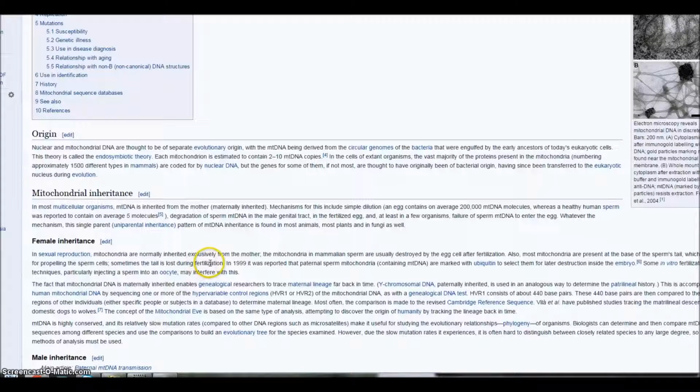Now let's suppose you are a woman who carries a defect in your mitochondrial DNA such that you know that any child you have is going to have the disease.